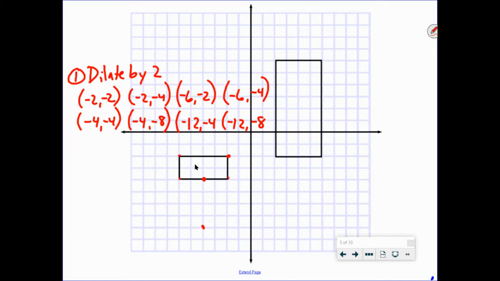Even though I made it bigger, I'm still going to run out of room. 1, 2, 3, 4, 10, 11, 12 would be somewhere over here, okay? And then the same thing over here would be somewhere over there. So I end up with my shape all the way off the grid. But see, dilating by 2 didn't just make it twice as big, or the sides twice as big, but it also moved them down here, okay?